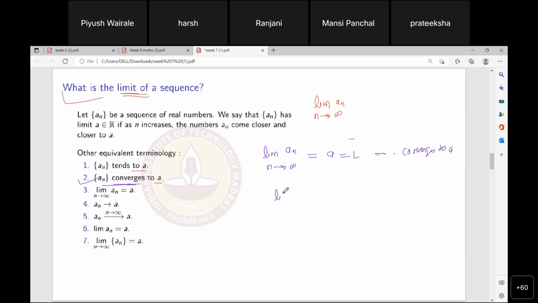If the limit of a_n as n tends to infinity does not exist, or is infinity or minus infinity, then I can say this sequence diverges.